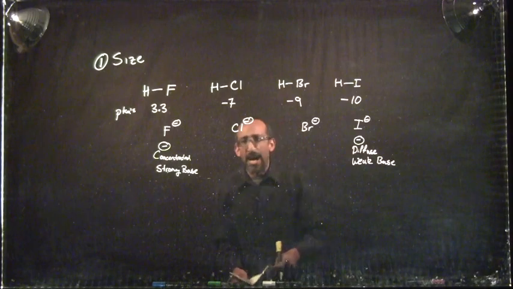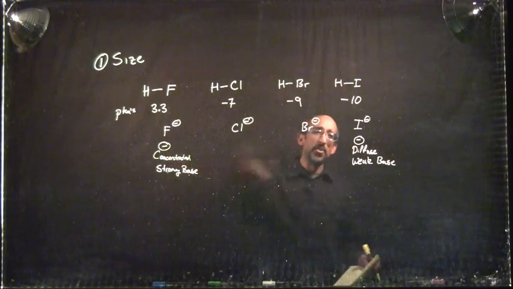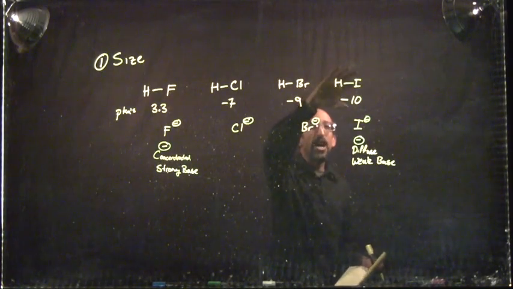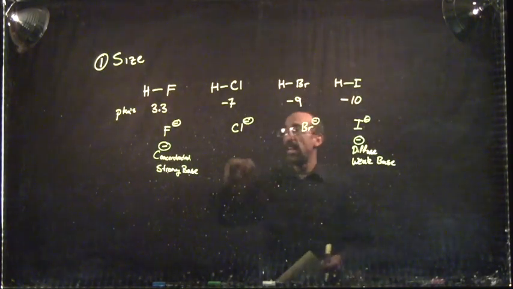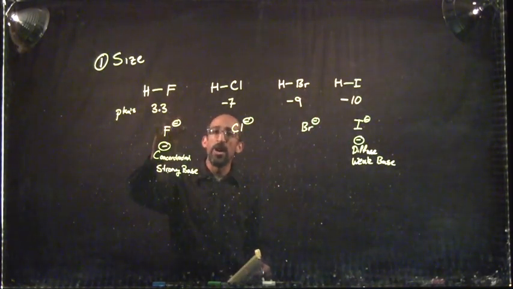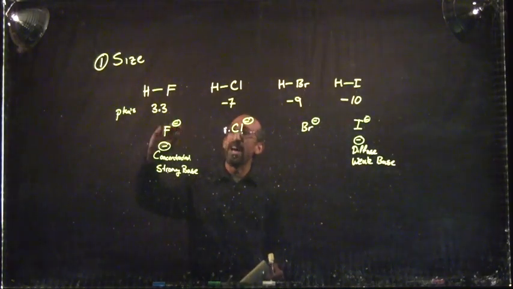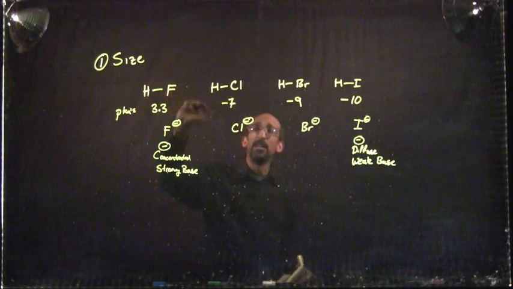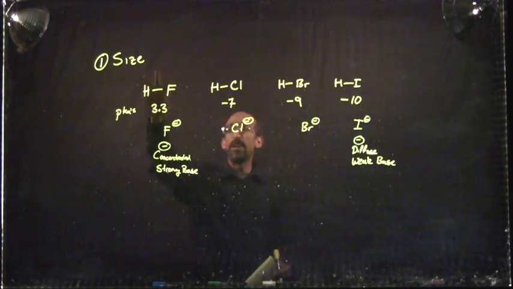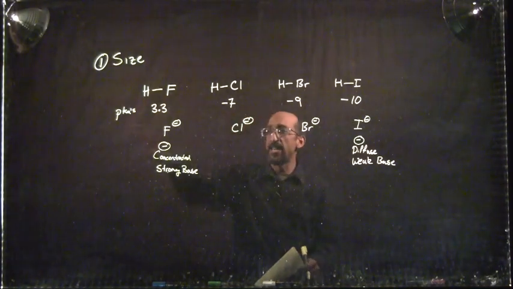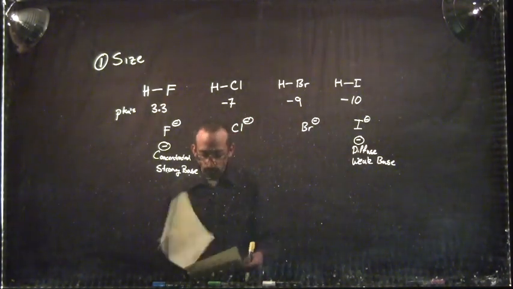And so now, because we know that I minus is a weak base, it makes sense that HI is a strong acid. And similarly, because we know F minus is going to be a strong base, it makes sense that, relatively speaking, in this comparison, HF would be a weaker acid. And that is reflected, again, in their pKa's.